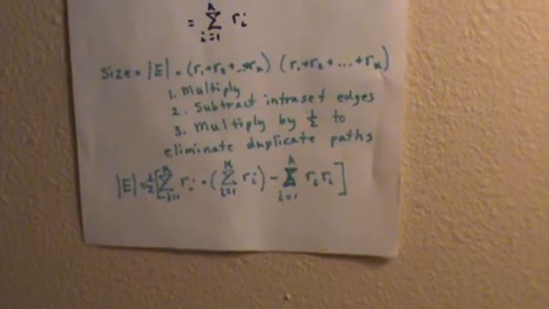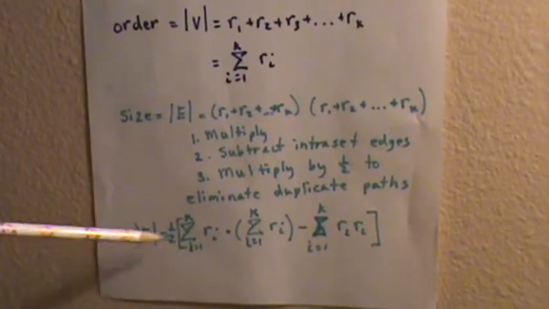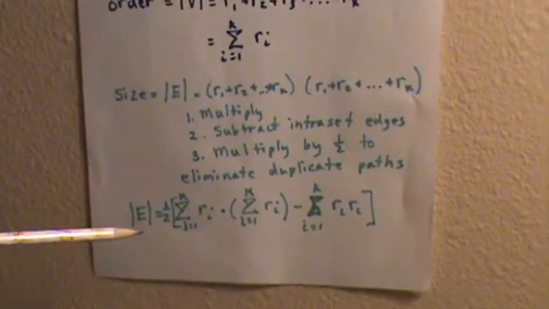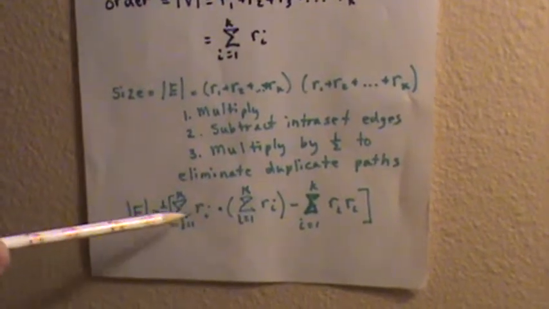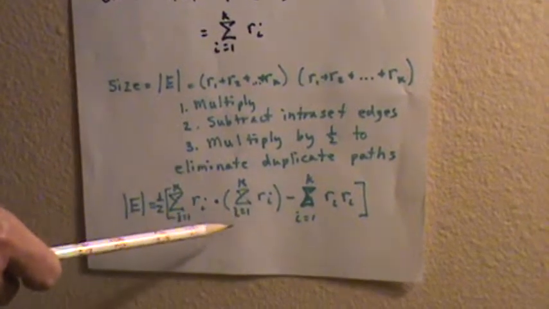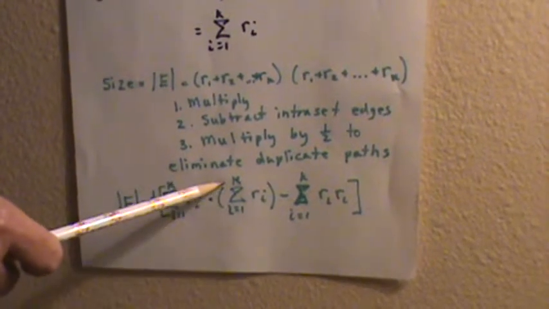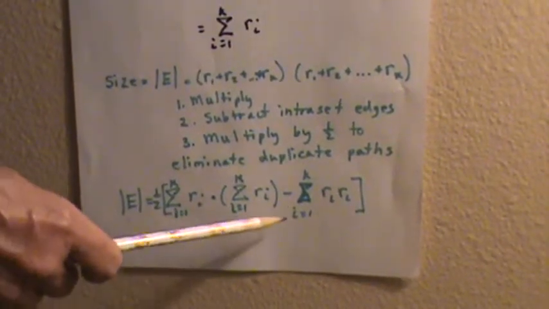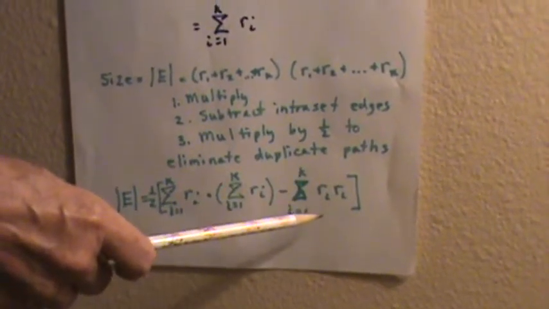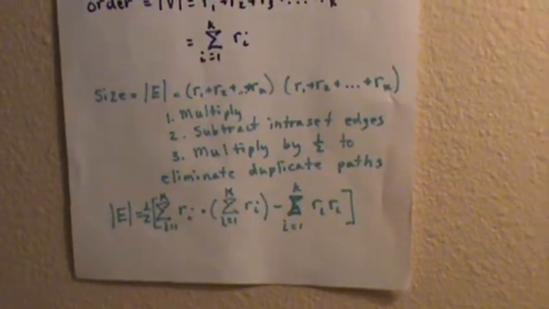So, to find the size of a k-multipartite, it's 1/2 times the quantity, summation where i equals 1 to k of R sub i, times another quantity, summation where i equals 1 to k of R sub i, minus the summation where i equals 1 to k of R sub i times R sub i, and close the main quantity.